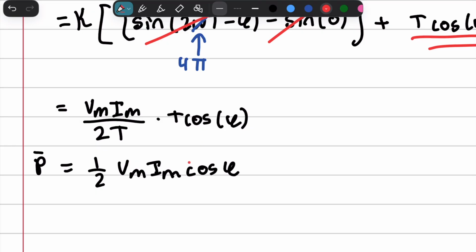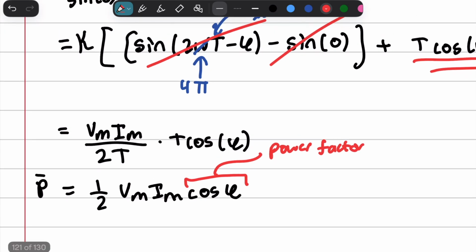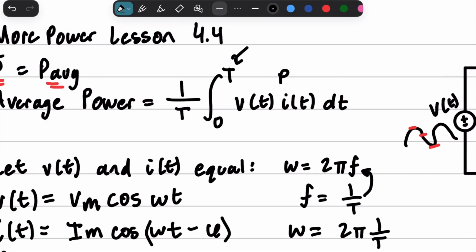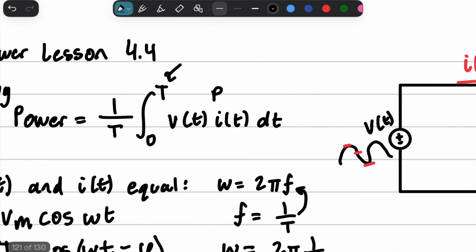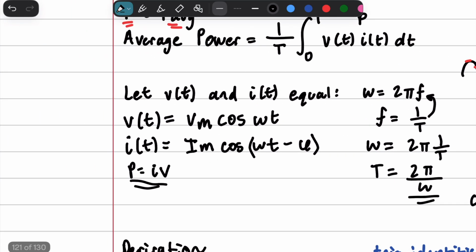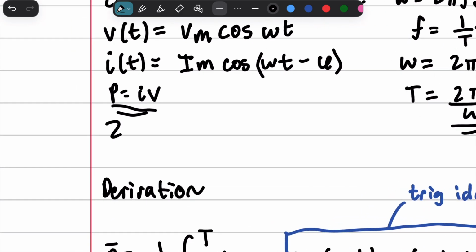Now this right here is very important. This is called the power factor. And we'll look a little more at that in this video. But remember that this average power has a sinusoid. So we're actually missing half the story here. Remember, our Z is equal to R plus jX, right?